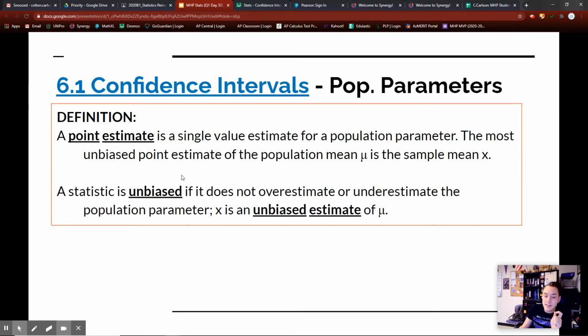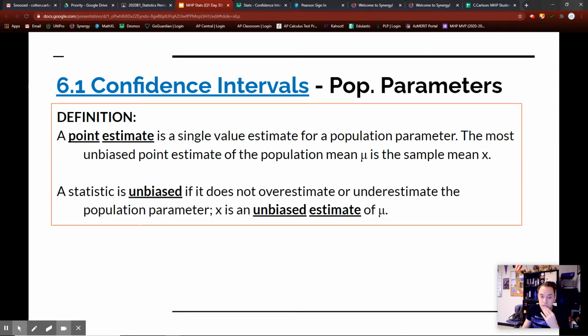Now, a statistic is unbiased if it does not overestimate or underestimate the population parameter. Okay, so if x bar is an unbiased estimate of mu, that means if I take any given sample, it just can't exceed the population mean.